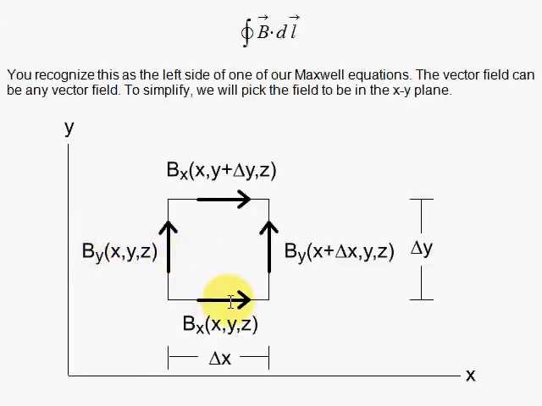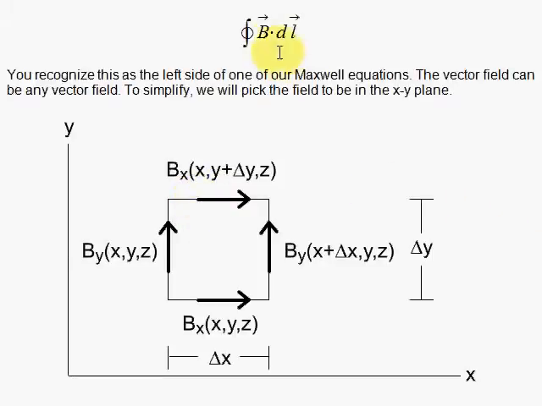When I take the dot product, I want the component of the vector field that goes along x. Similarly here, when I go along the y direction, plus j hat, I want the y component of the vector field. Here, notice there'll be a minus sign when I do my integral because I'm fighting the flow. I'm going to the left, which is in the negative i hat direction.